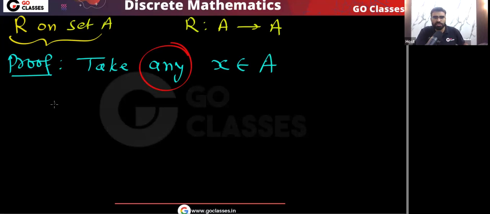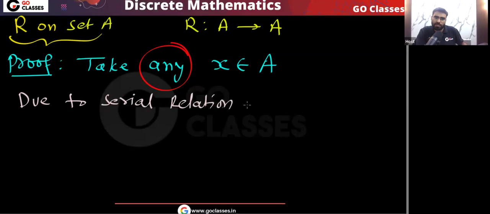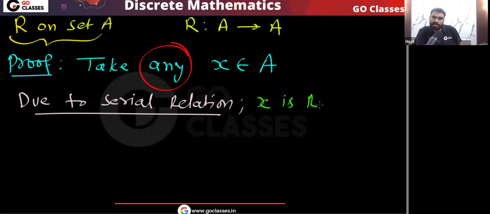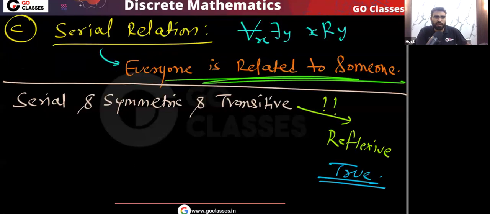Now, you just tell me one thing. Because of serial, what will happen? Due to serial relation, x will be related to someone. Yes or no? Do you agree? Because serial relation says that everyone is related to someone.